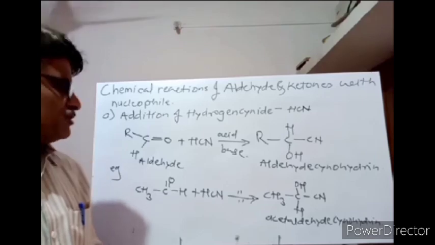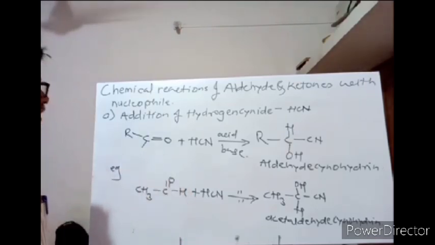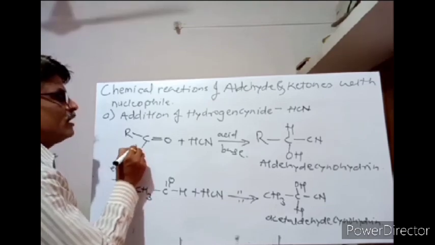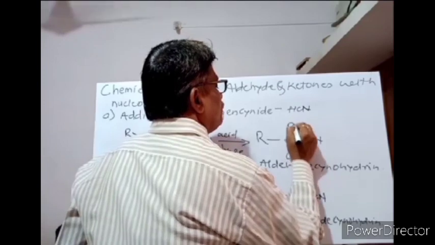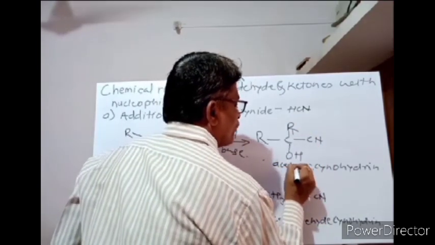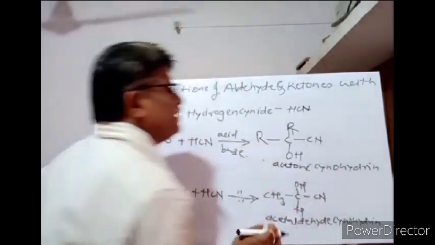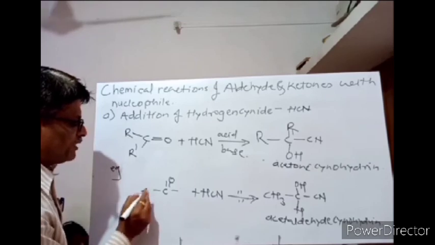There is another reaction for ketone. If we replace this H only by another alkyl group R dash, the same reaction takes place and formation of the cyanohydrin is formed. Here is another example for acetone.